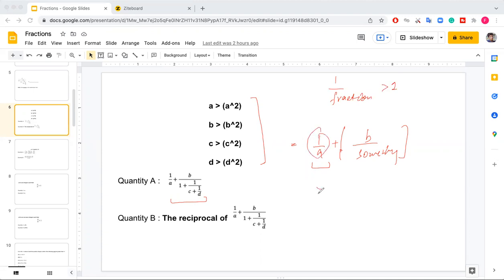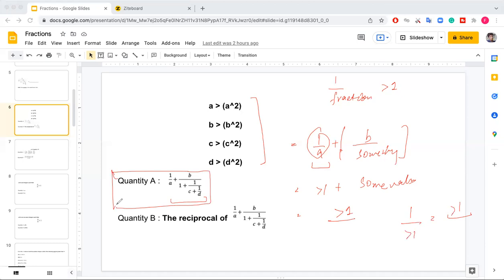So we have one value greater than 1 and some value, whatever, doesn't matter. So in short, we have a value for A greater than 1. And the second part is the reciprocal of this value. Any value greater than 1, if you take the reciprocal of that value, will always be less than 1. So that's why quantity A is straightforwardly the greater value.